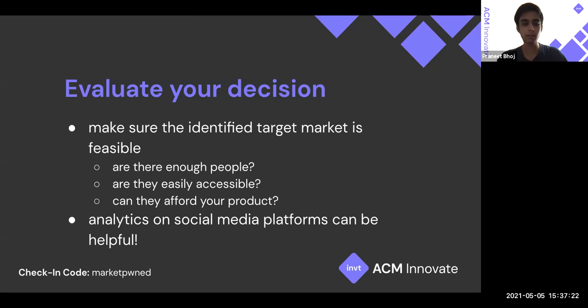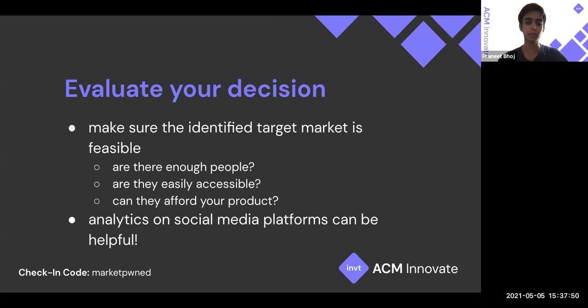And then another question that I have listed here is, can they actually afford your product? So if you go down the road of examining your existing customers to determine demographics and psychographics, then this question shouldn't really be too big of an issue for you, because one of the things that you should be keeping track of when you're looking at demographics of your customers is their income.